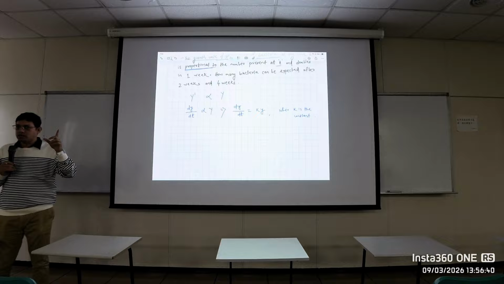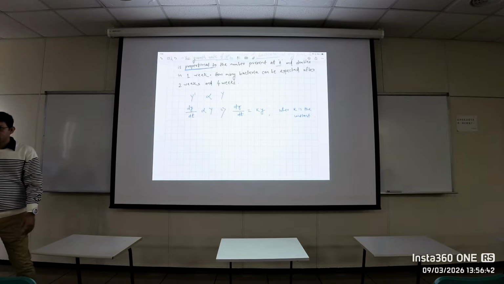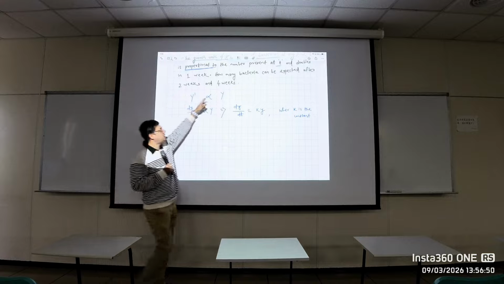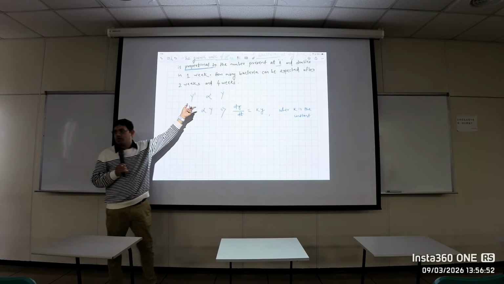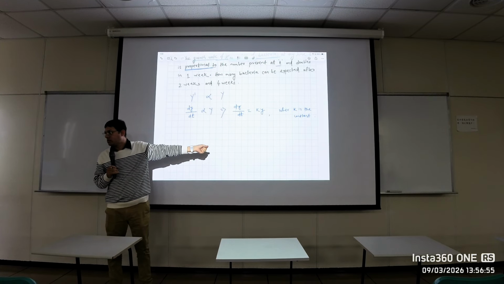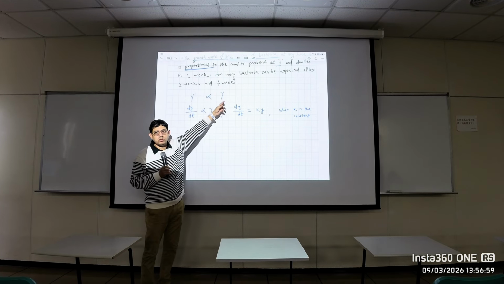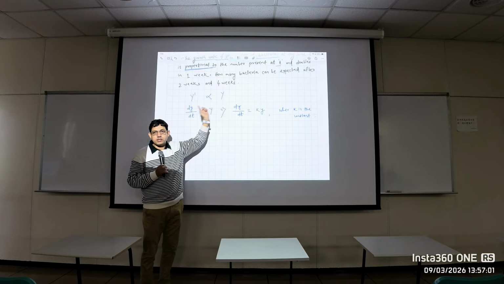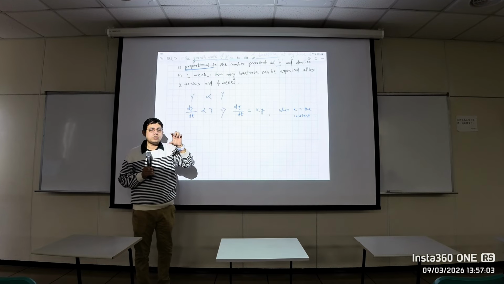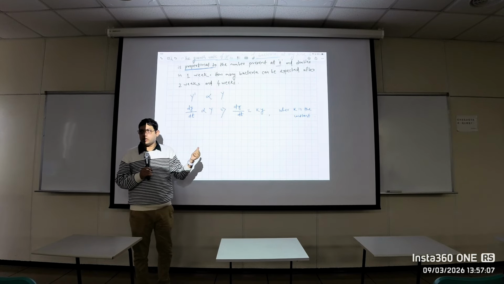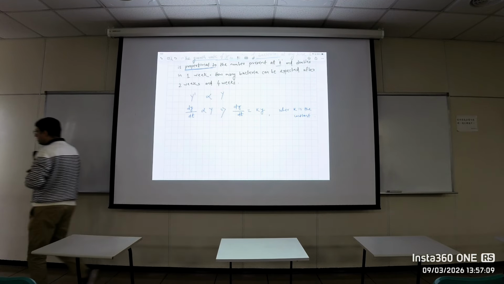K is any constant. Yes or no? If this one is proportional to this, then how can we equate them? With some constant. If y dash is proportional to y, then y dash is equal to some constant times y. That is how we equate when they are proportional to each other, right?